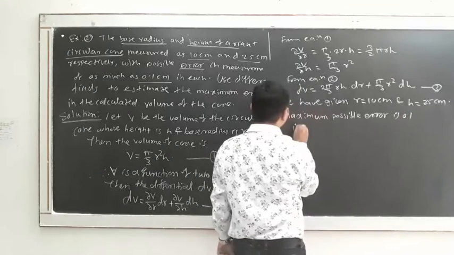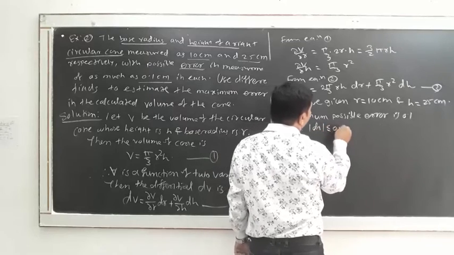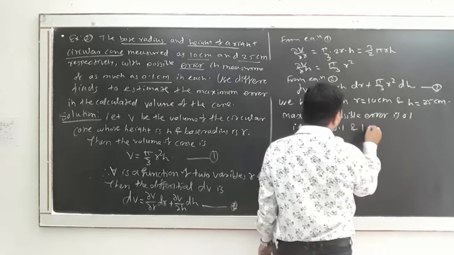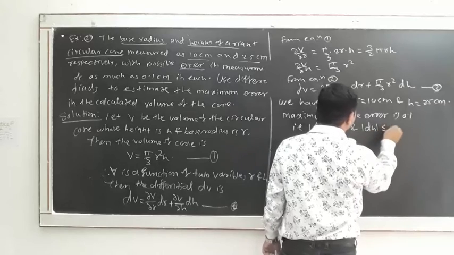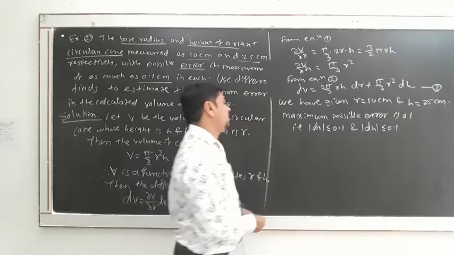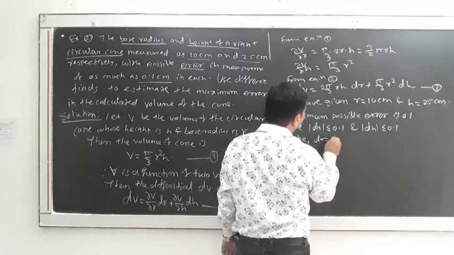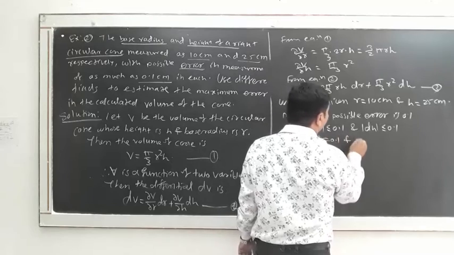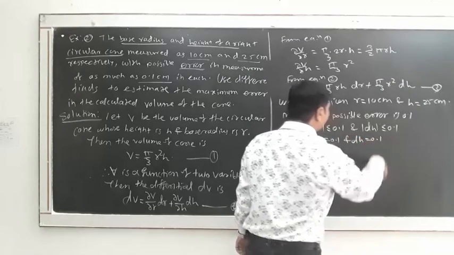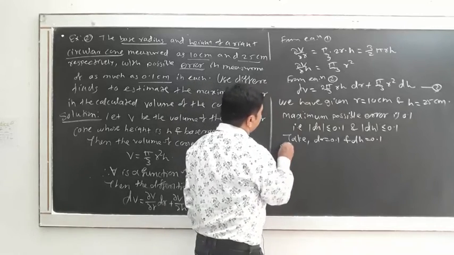That means mod of dr is less than or equal to 0.1, and mod of dh is also less than or equal to 0.1. That is the maximum error. Since we have to find the maximum, we take dr equal to 0.1 and dh equal to 0.1. Now put all these values in equation 3.